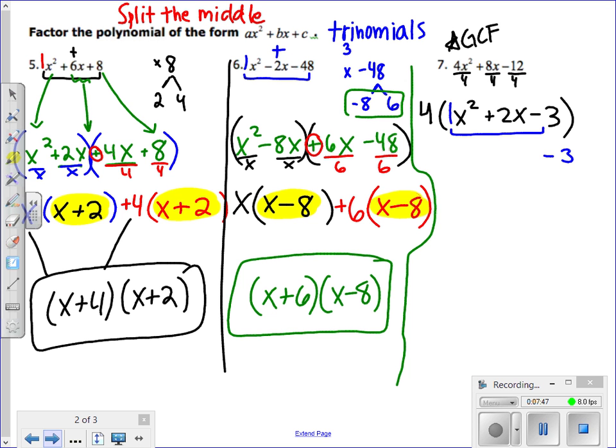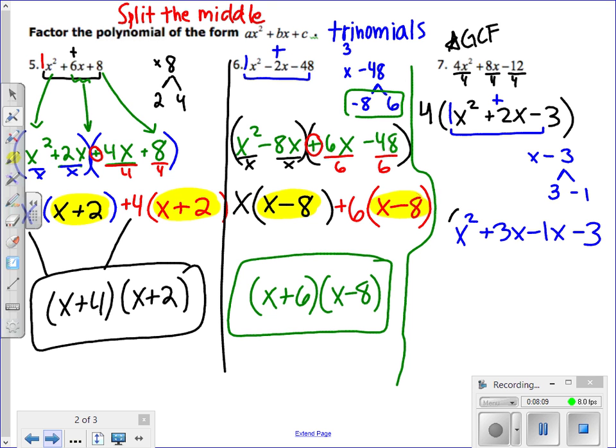negative 3. Two numbers that multiply to negative 3 and add to 2 are 3 and negative 1. So when I split the middle just for this inside part, I'll deal with the 4 later. I have x squared plus 3x minus 1x minus 3.